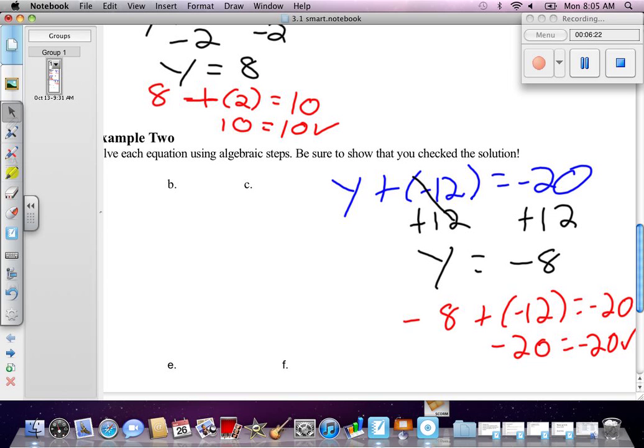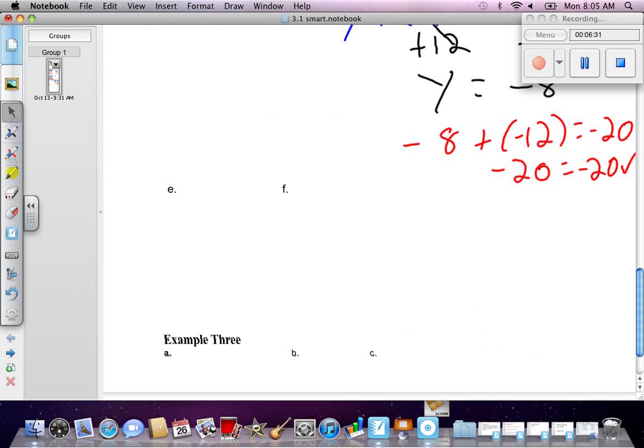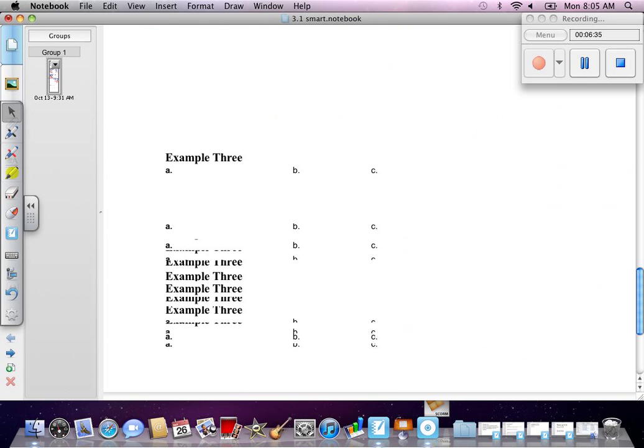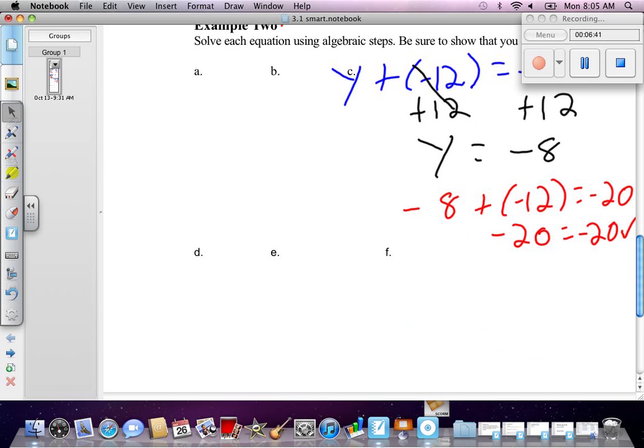Okay, I'm going to move down to D then, where we're dealing with a lovely fraction. Okay, so D says K minus 3/8 equals 1/8.